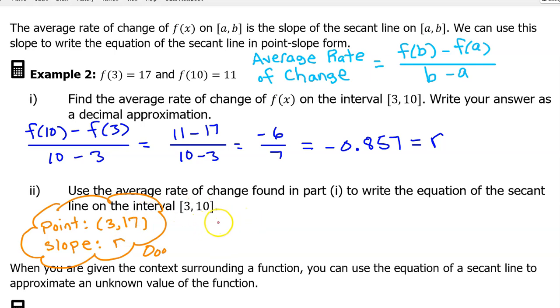So according to point-slope form, the equation will be y minus y1, so that's y minus 17, is equal to the slope, and we can just write R since we already defined it, times x minus x1, so x minus 3. And that's it. This is the equation of the secant line on the interval from 3 to 10.